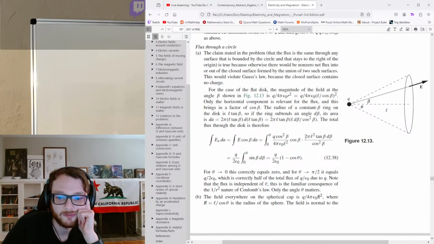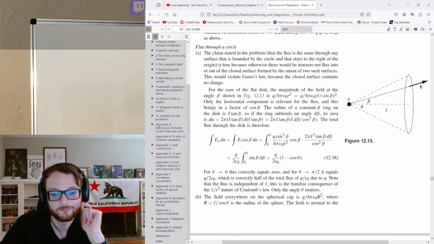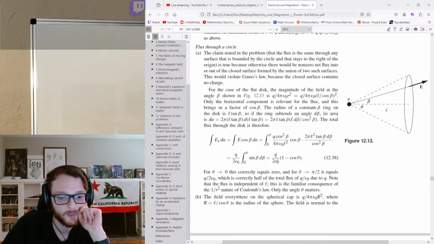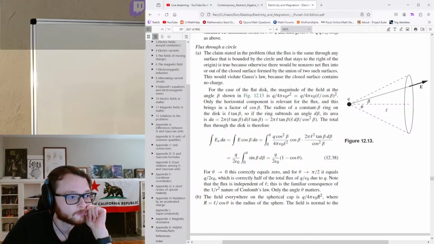And then they dot it with dA, which is what we just looked at. So the cosine squareds cancel, the L squareds cancel. Did we get exactly Q over 2 epsilon naught? I feel like our coefficient was slightly different.